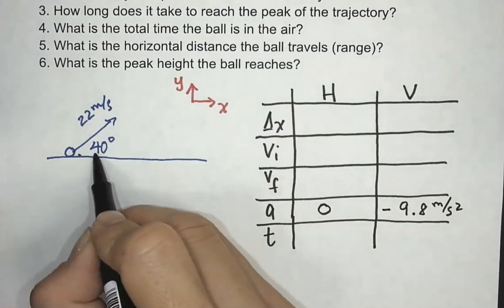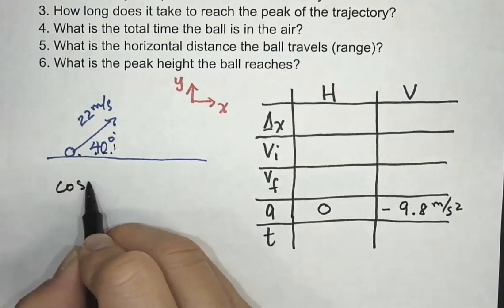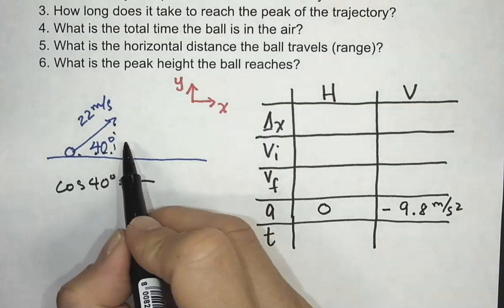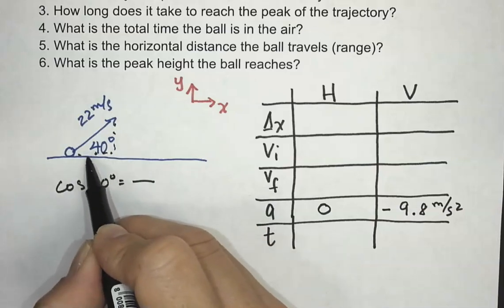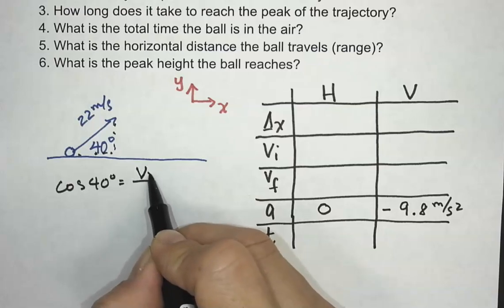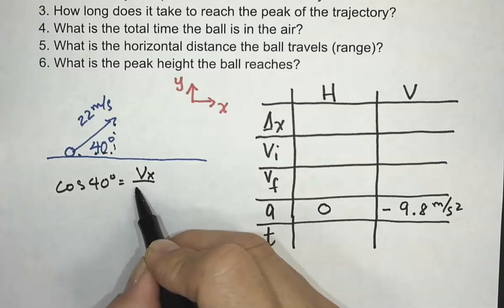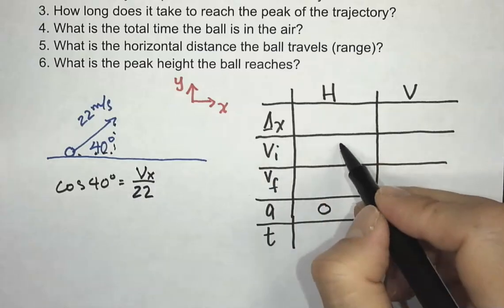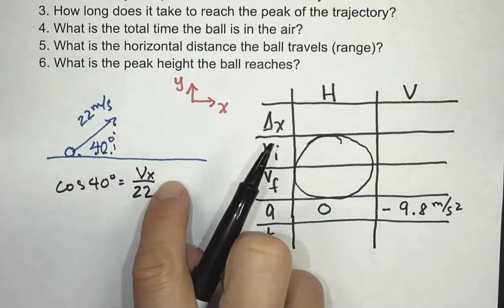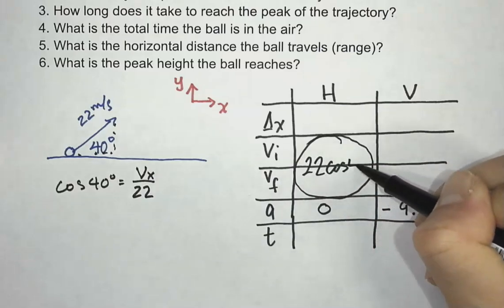If I consider this triangle right here, I can see that cosine 40 degrees is equal to the adjacent over the hypotenuse. This adjacent here, I'll call Vx, for the horizontal velocity, over the hypotenuse, which is going to be 22. And so my velocity at any point in time is going to be Vx equals 22 cosine 40.